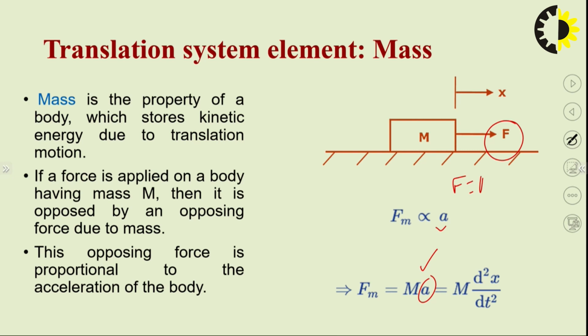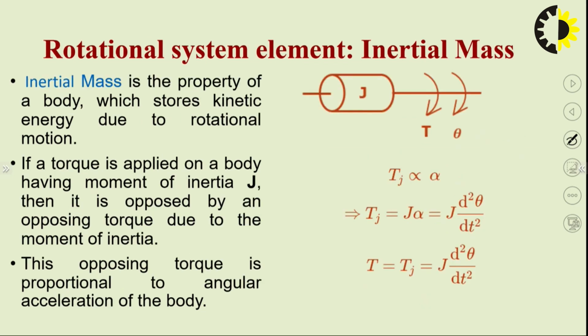We can write this in terms of displacement and also in terms of velocity. So, this force is mass into acceleration, which is m into d square x by dt square, or m into dv by dt.